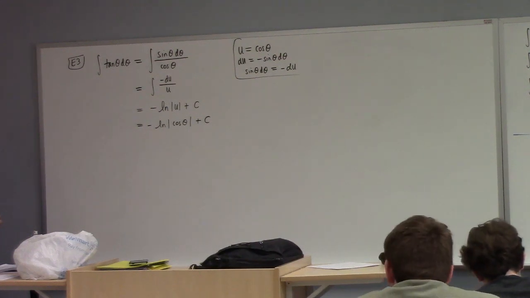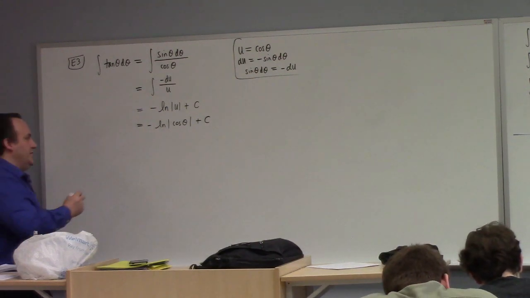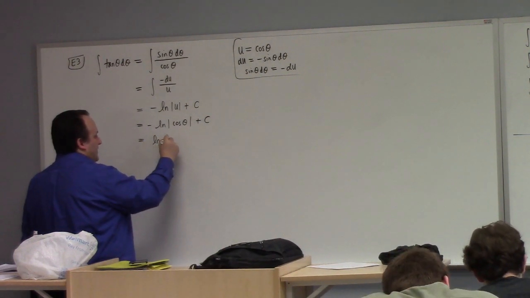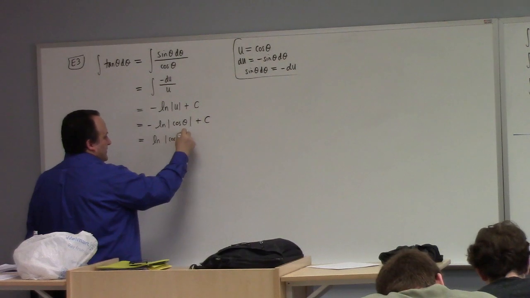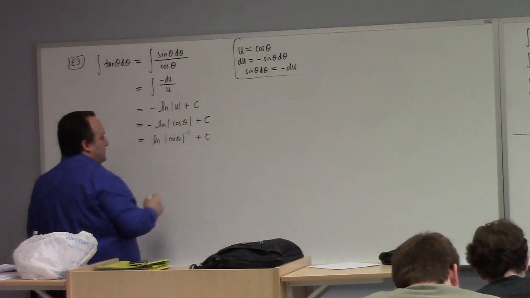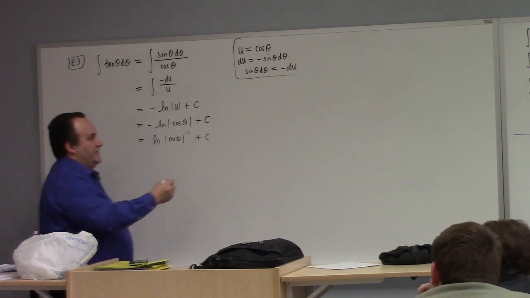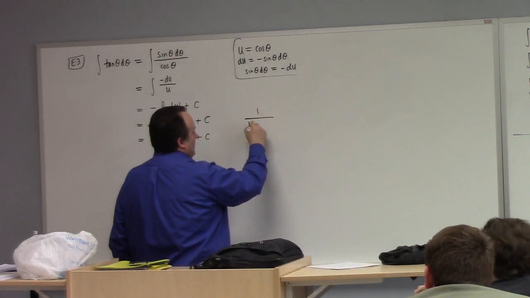Most people don't leave the answer like that. We like to write this answer in the following way. This is the natural log of the absolute value of cosine theta to the minus 1 power, by properties of log. What is 1 over the absolute value of cosine theta equal to?